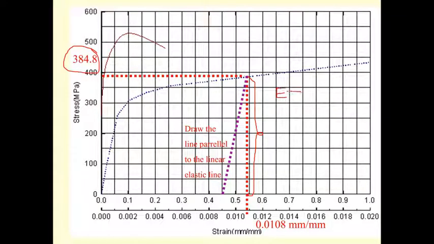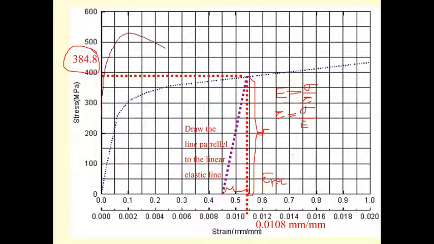Then you have E, the modulus of elasticity. This time you take the epsilon, so epsilon is the stress divided by E. This is going to be the strain over here, which is the strain recovery. This is the strain that is going to return back.